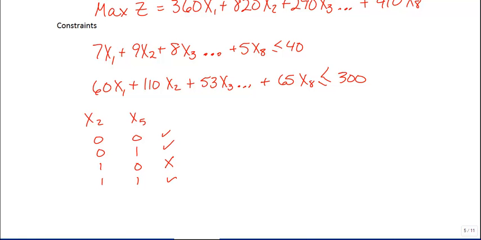We need to come up with a relationship between x2 and x5 that will pass 3 of the 4 possibilities but fail in this condition. So, a relationship between x2 and x5. Now there are 2 different things that we can do between these variables. We can add them or we can subtract them.